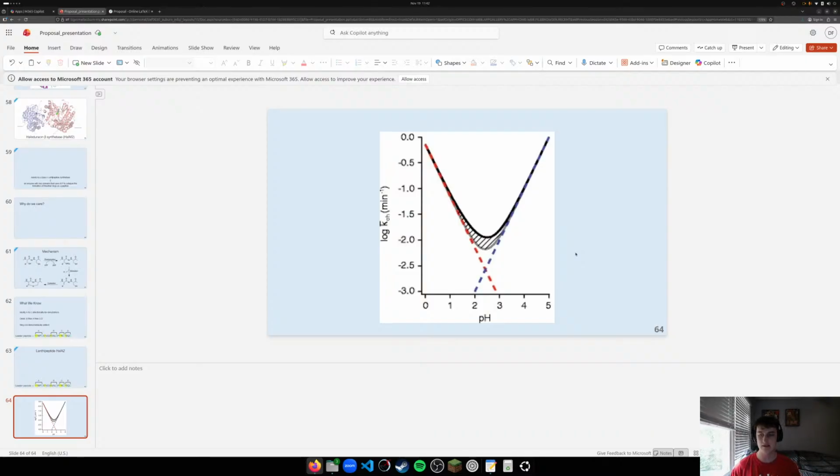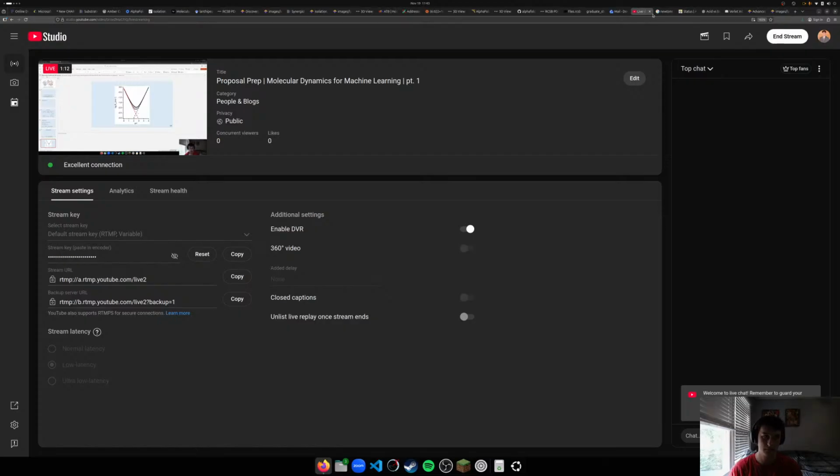It's because the acid and base catalyzed mechanisms are happening evenly, like a 50-50% chance. This is when the rates of both of them are at their lowest. I believe that's the rationale.